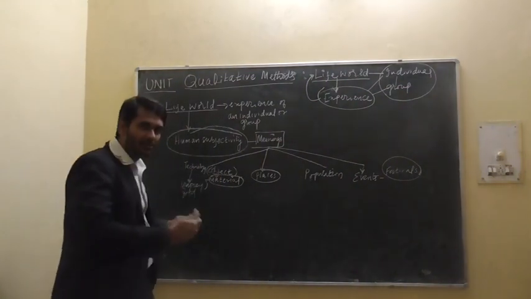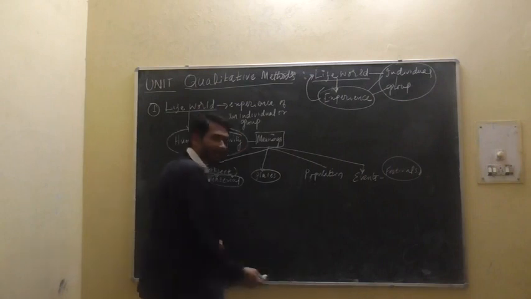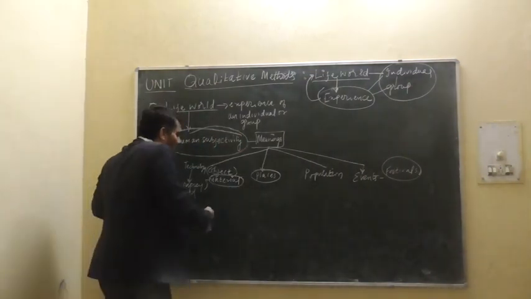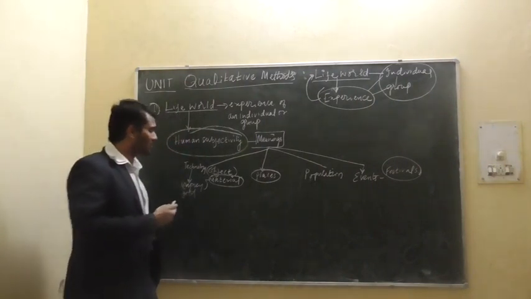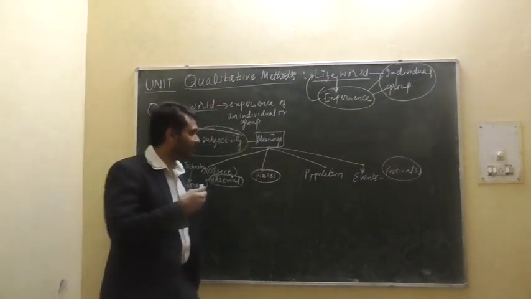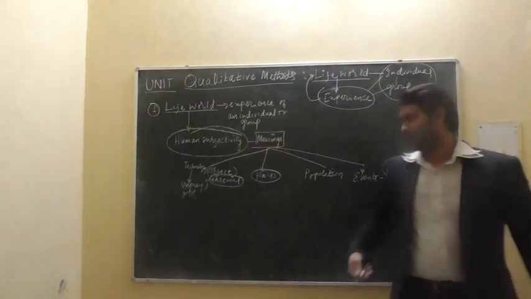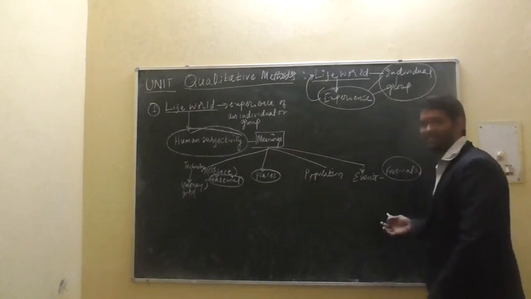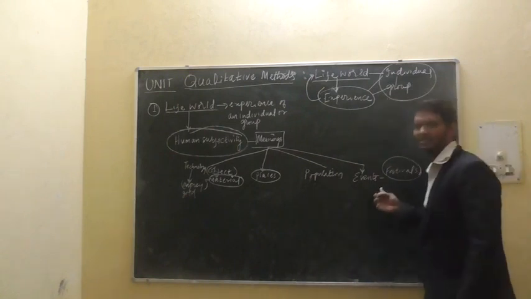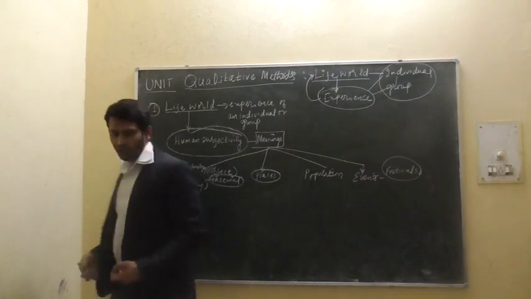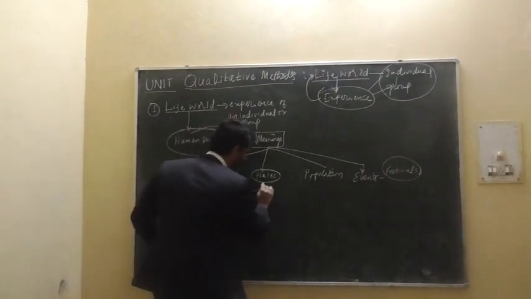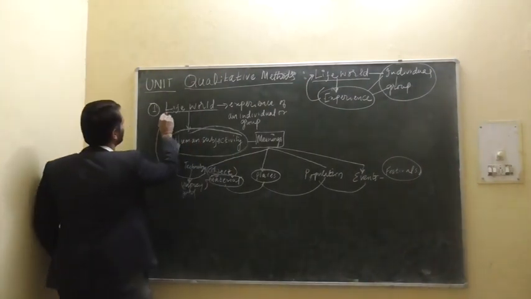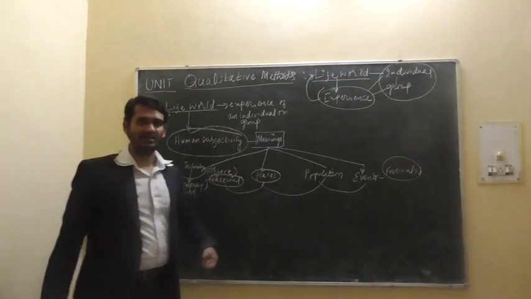We try to understand the human subjectivity through the different sets of meanings that individuals associate, whether with an object, with places, with certain sections of the population or certain communities, or with certain events like festivals and celebrations. This is how you try to infer the life world experiences.